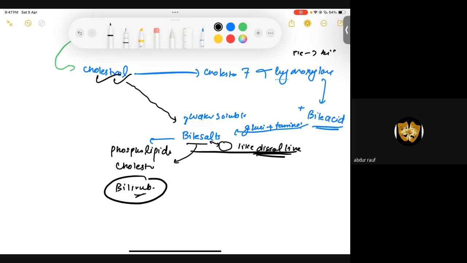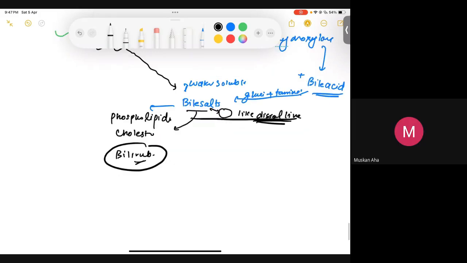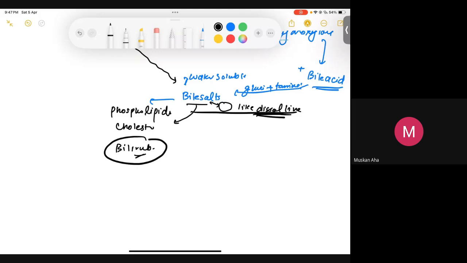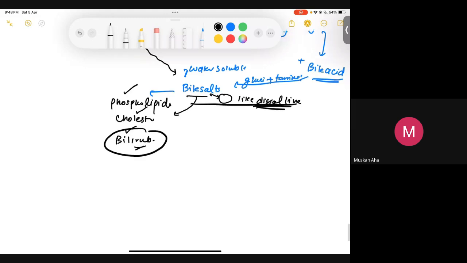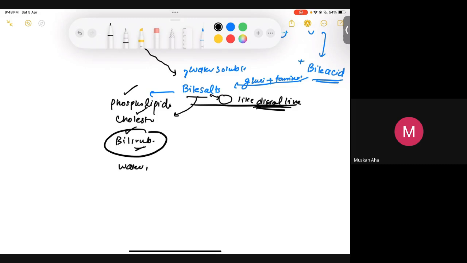So bile can bind phospholipid, cholesterol, and bilirubin, right? What else? As we discussed, they are water soluble. It means the molecules can bind with water plus ions as well. Is that clear?